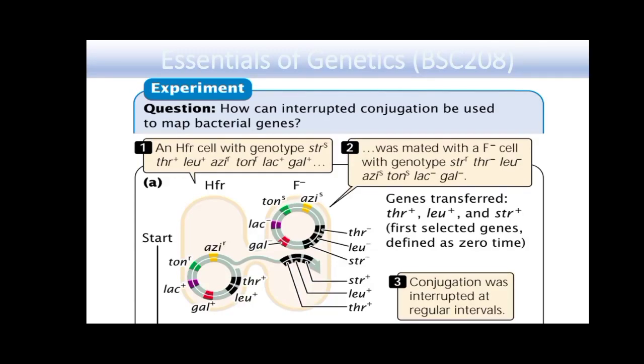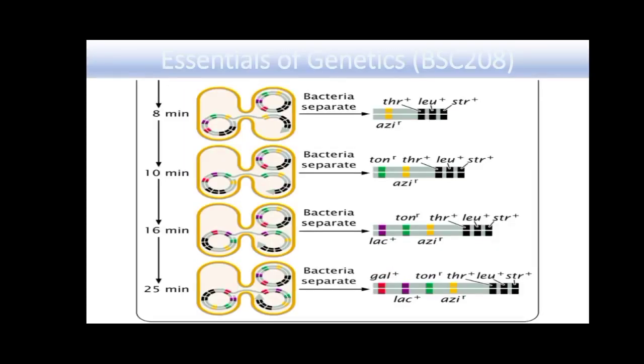When they interrupted the conjugation, grew the cells and selected them on different media, then after 8 minutes, 10 minutes, 16 and 25 minutes, different genes were transferred from one cell to the other cell.